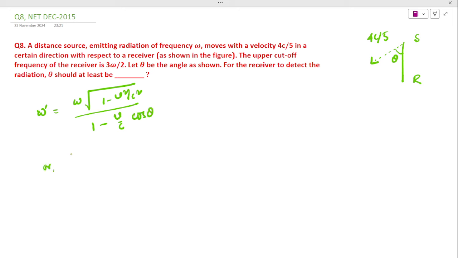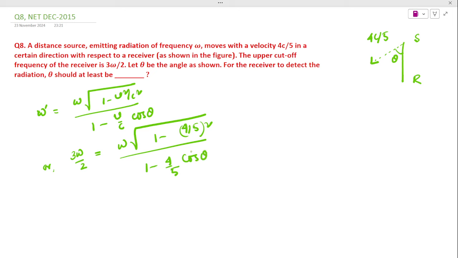Omega dashed, 3 omega by 2, is given equal to omega root over 1 minus 4 by 5 whole square, divided by 1 minus 4c by 5 to c, c cancels, 4 by 5 cos theta.